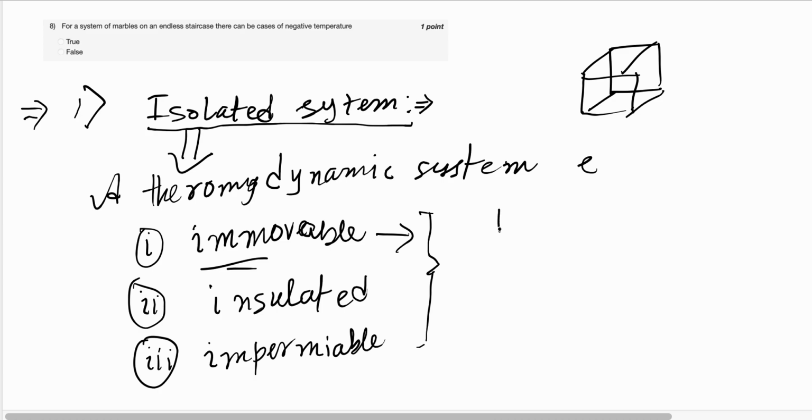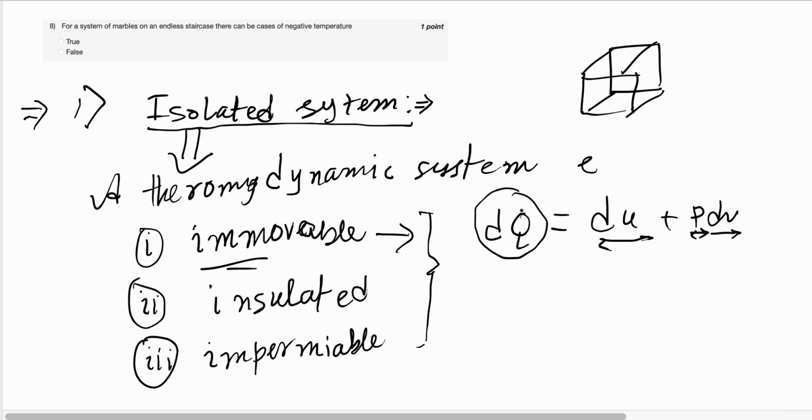From the first law of thermodynamics, we know that dQ equals dU plus P dV. dU is the change in the internal energy, P is the pressure applied on the system, and dV is the change in the volume. dQ is the total heat that we have to give to the system or extract from it. If the wall is immovable, then whatever pressure is applied, there will be no movement at all, so dV is 0.